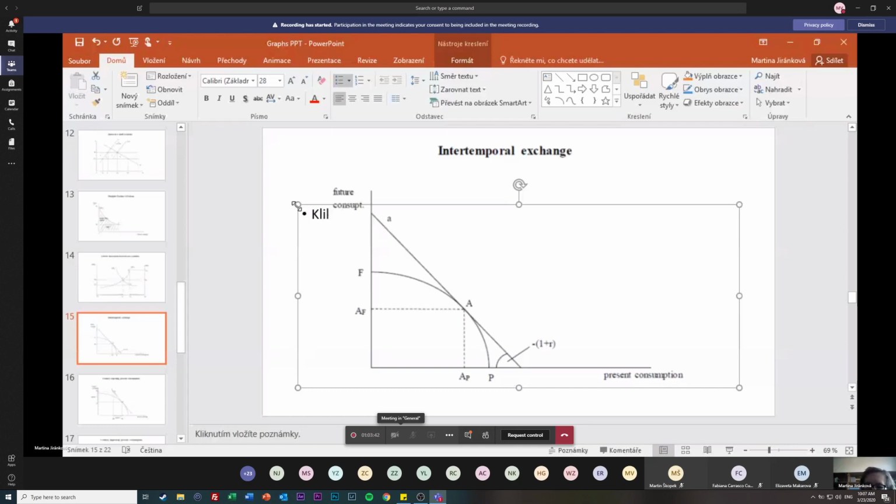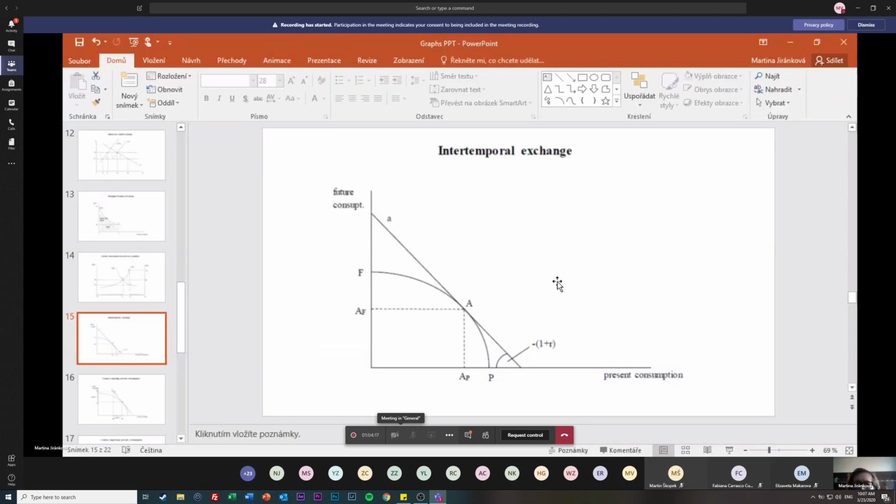This is just a normal production possibility frontier. You remember we used to write wheat and cloth on the axes. This is the same graph. Oh, sorry. Please draw this chart at first. That one we will do further. So please draw this chart: present consumption and future consumption, and intertemporal change.